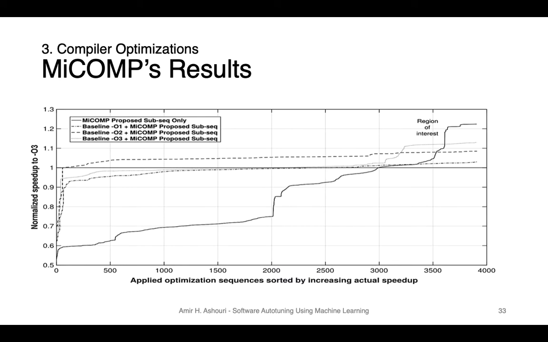So you see that I have 3 lines here as my baseline, O1, O2, and O3, with my proposed subsequences. And this line is only my proposed MiCOMP subsequences. It makes sense that I start at worst-case performance because I don't have any baseline here.